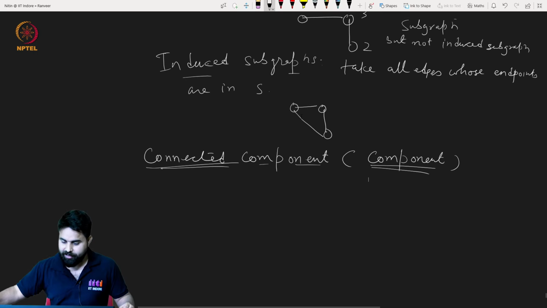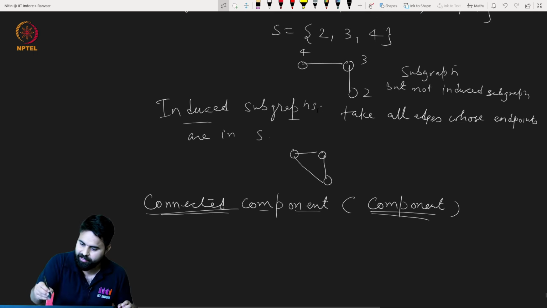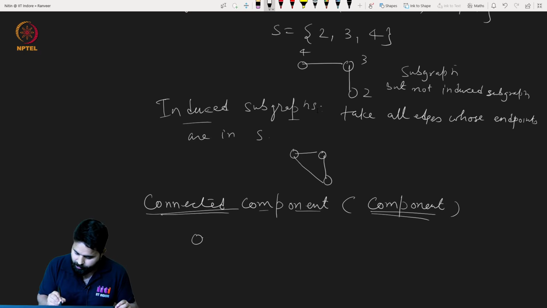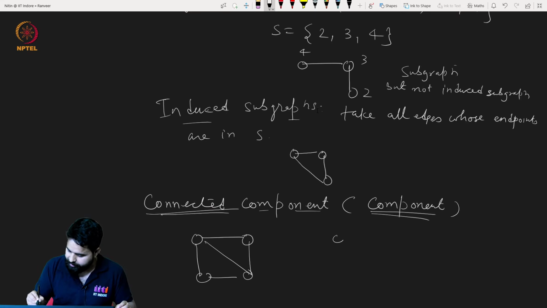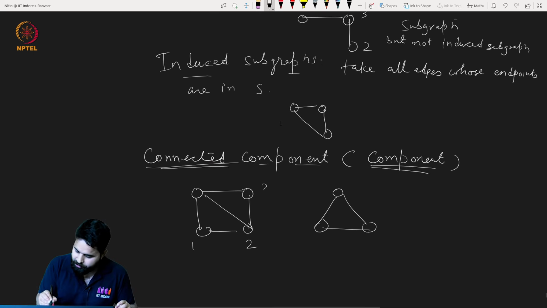Let me draw this graph again. Suppose this was my graph, and I think there was this part. Let me number the vertices 1, 2, 3, 4, 5, 6.